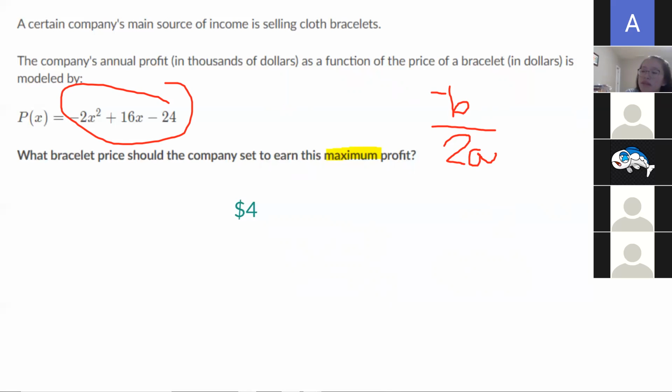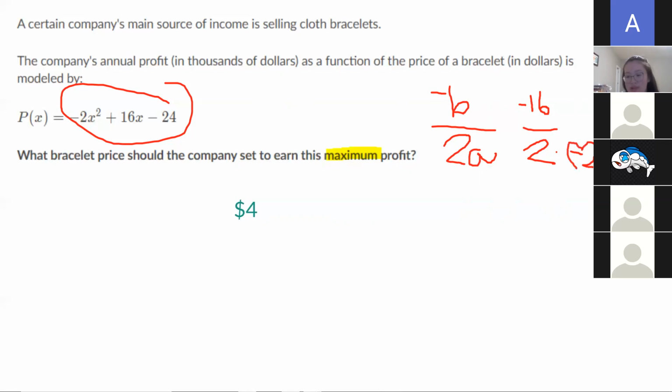You can put it in the chat or just say it out loud. Yeah, so it would be -16 and then 2 times our a. What is our a? It would be -2, right?